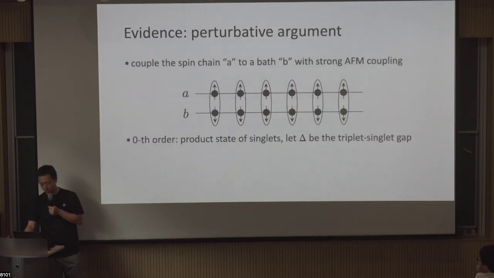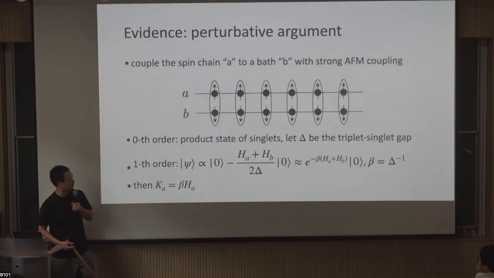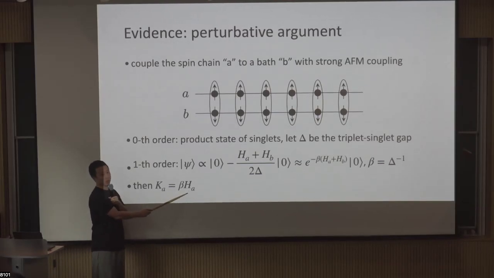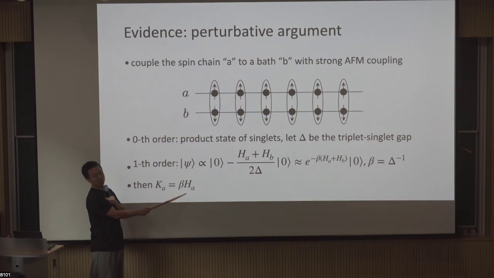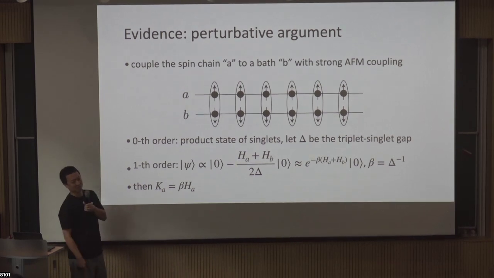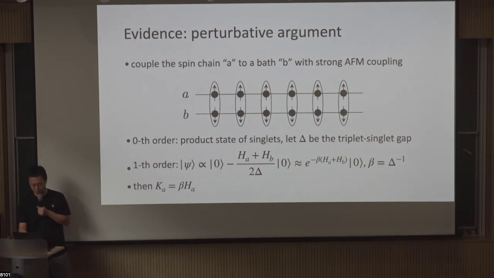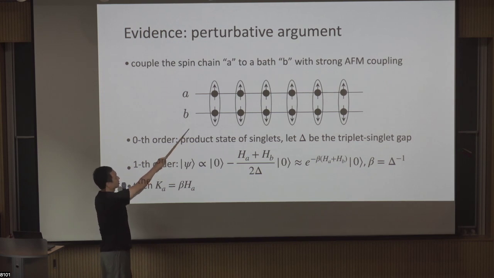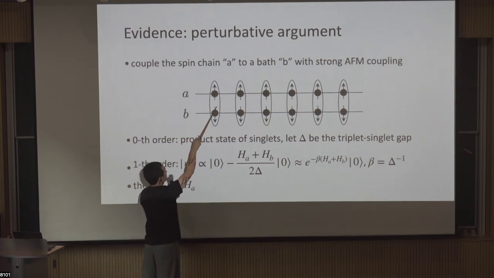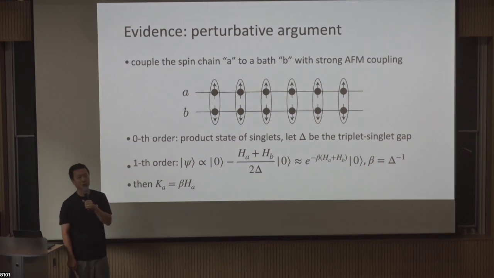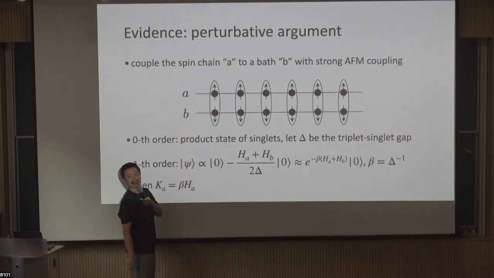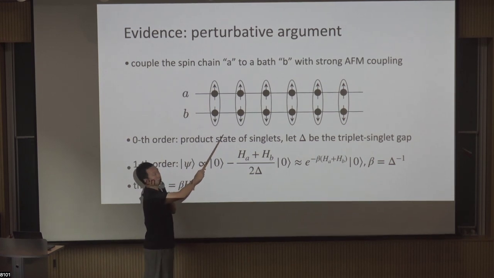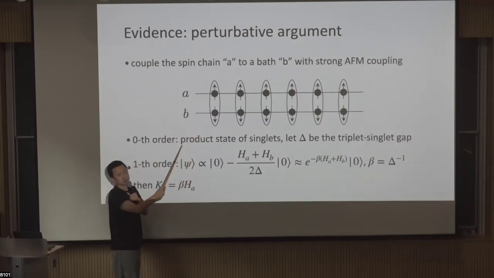Okay, for this perturbative argument, we end up with the entanglement Hamiltonian proportional to the actual Hamiltonian. For the actual Hamiltonian, we know its spectrum is gapless at the bottom. So that's a simple argument, that's the intuition for that. We also have a weak coupling argument. This is the strong coupling limit, with a strongly coupled two chain. But you can imagine a weak coupling limit. You start with J equals 0, so you have two, say, gapless spin chains, and try to couple them with some relevant operator.